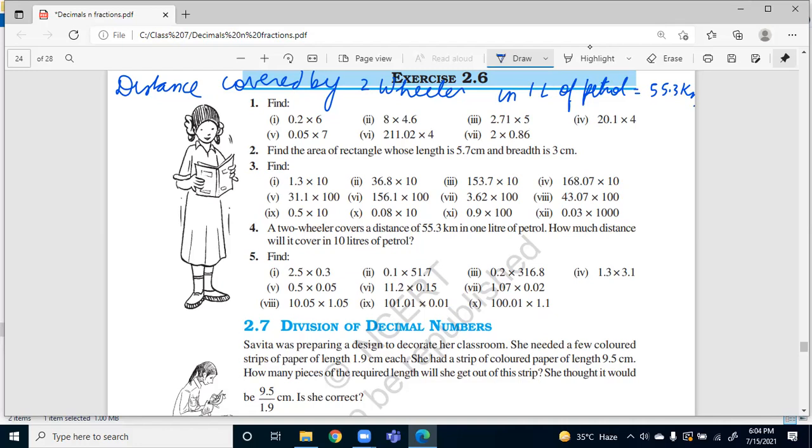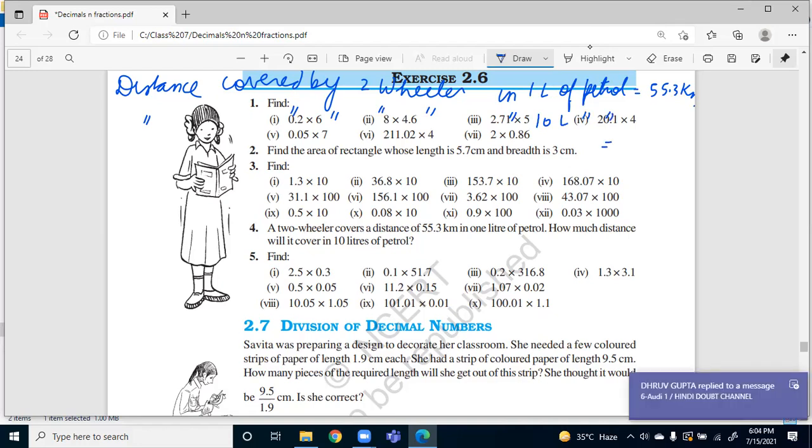Now, the second statement is the distance covered by the two-wheeler in 10 liters of petrol. So I have to multiply 55.3 by 10.